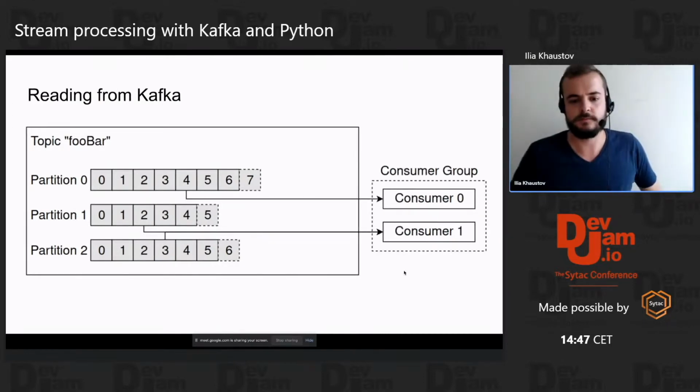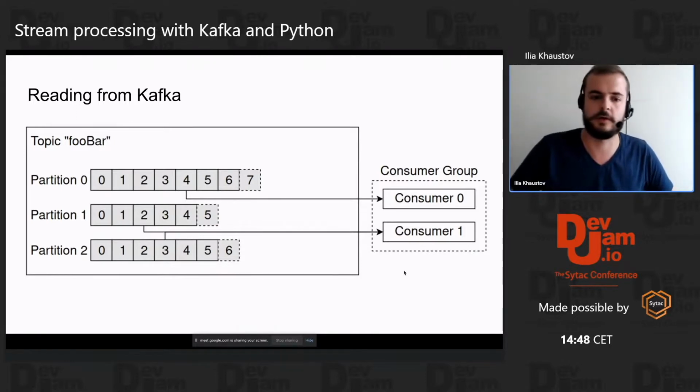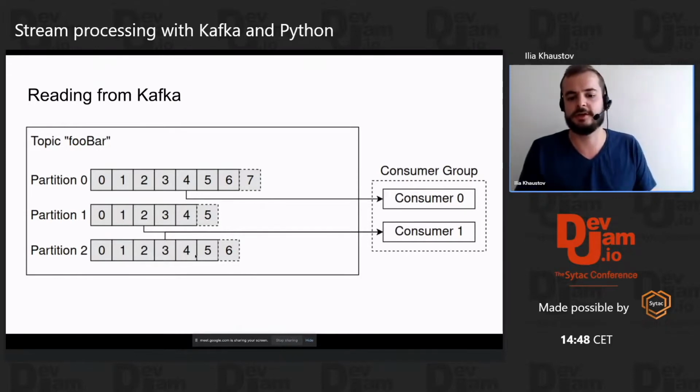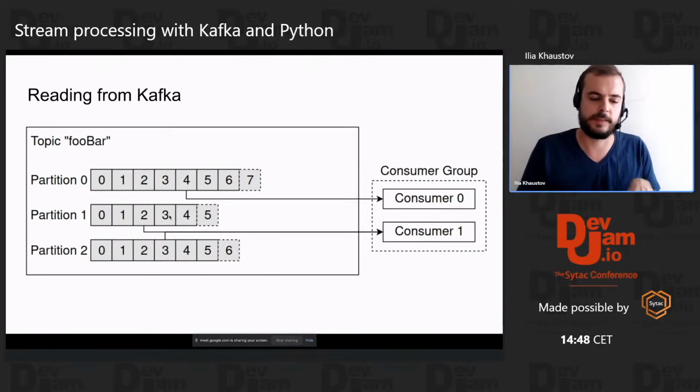As you see, consumers can consume together in a consumer group. What does it mean? Kafka by itself doesn't know, well, it knows, but it doesn't manage for you where you actually read from. So if a consumer has read some records from a topic, it has to commit its offset back to Kafka.